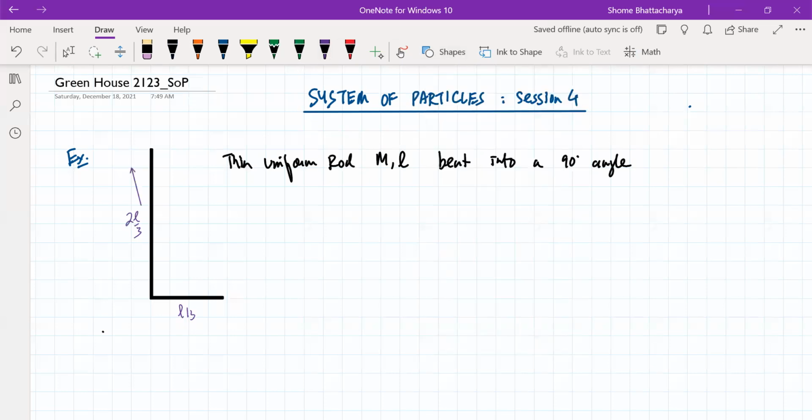So we have to locate the center of mass of this L-shaped object that we are getting by bending the rod.